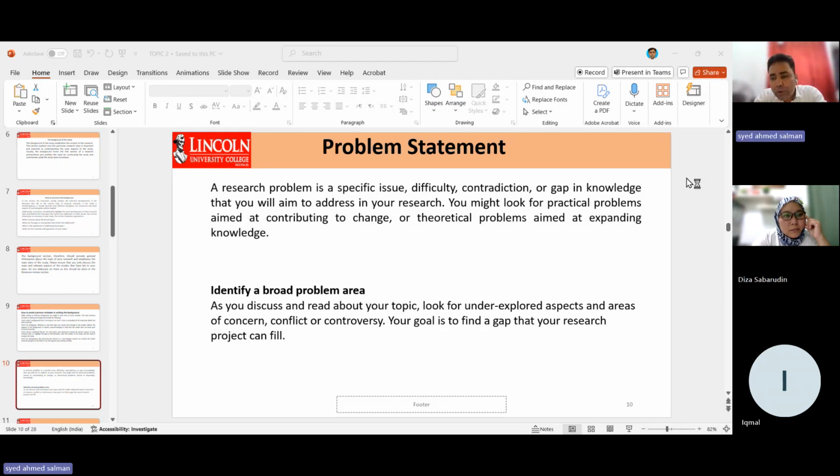Now, theoretical problem. Just now, you mentioned that when it comes to the usage of social media, there are a lot of research on academic performance in USA, in Kuwait, in Bahrain, in Saudi Arabia, in Algeria, in China, in Coimbatore, in India, in Pakistan.